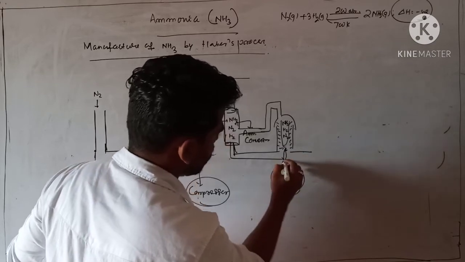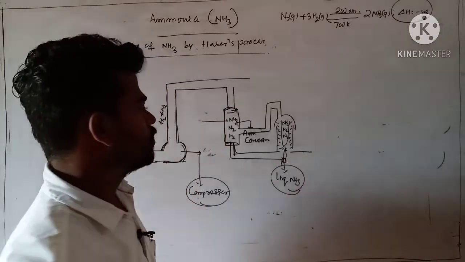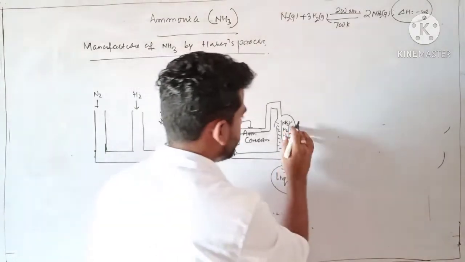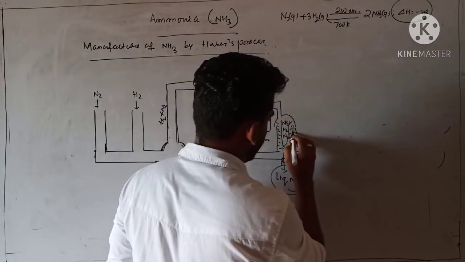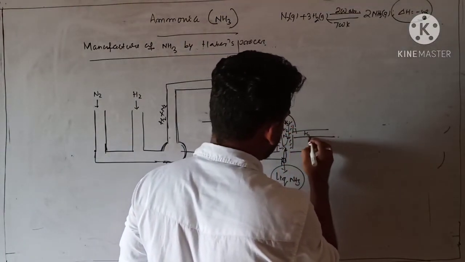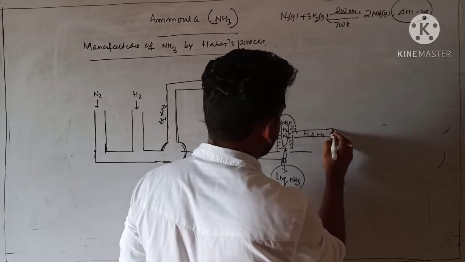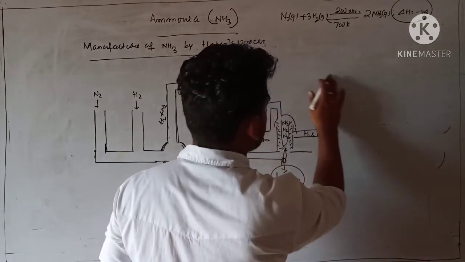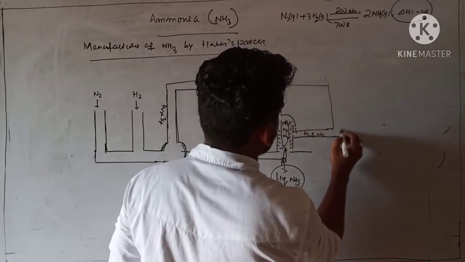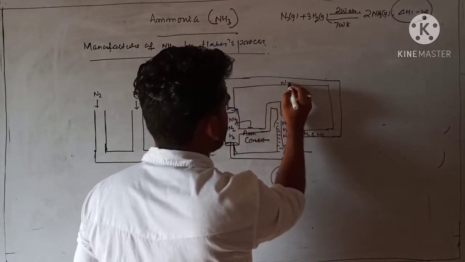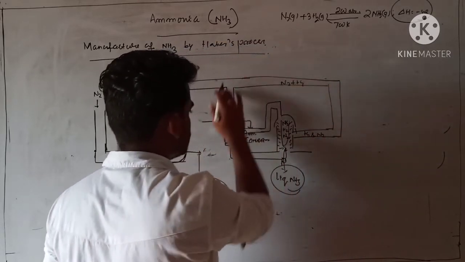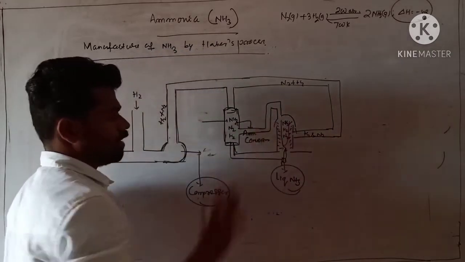Liquid ammonia you can get over here. After that, the unreacted free hydrogen and nitrogen gas are again subjected to the recycling process. Here again N2 plus H2, again recycling process, again you are getting ammonia.